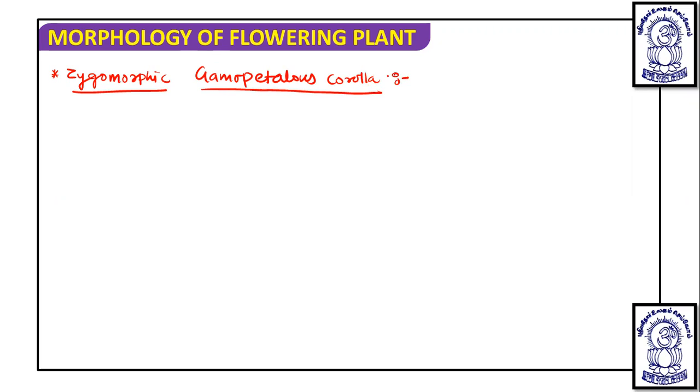In the zygomorphic gamopetalous corolla, zygomorphic means it is going to show bilateral symmetry. And apart from this, the gamopetalous condition is going to be seen, meaning the petals are fused in nature. So in this, we are going to discuss two types. The first type is bilabiate.